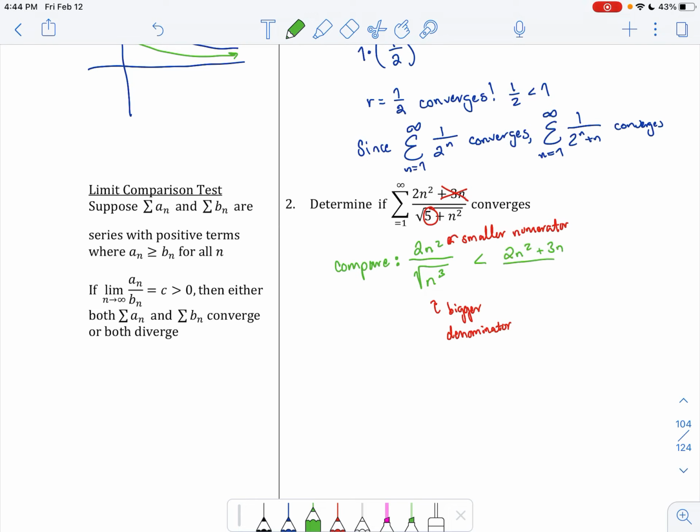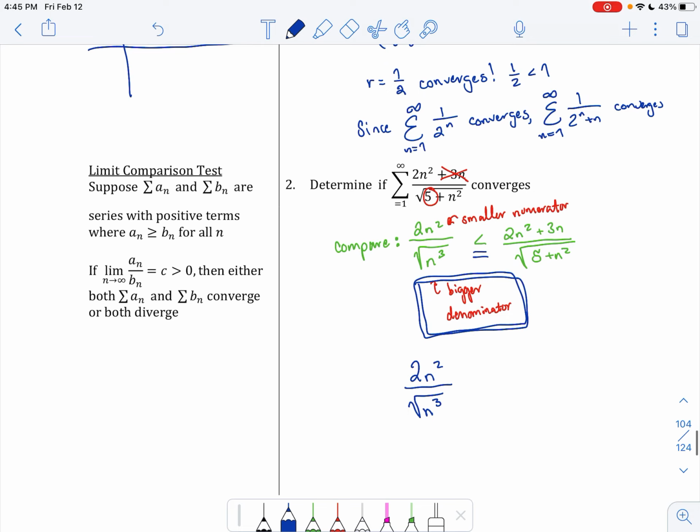So you could also just use the straight up comparison test here, which is what I am actually going to do, because making the change I want here so that I know what's true is easier. So then I'm asking myself, 2n over root n to the third.